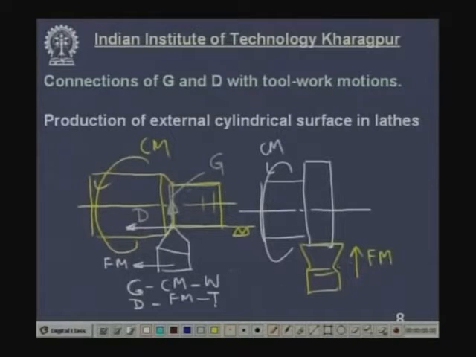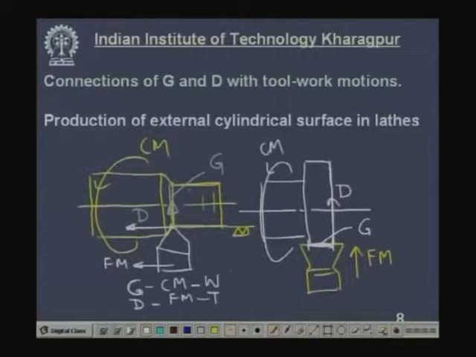Now, here how do you get it? So, this is the generatrix, which is a part of the cutting tool, and now this is travelling along this path, the circular path. So, this is the directrix and this is the generatrix from here to here. So, generatrix is connected with the tool and directrix is connected with the job.